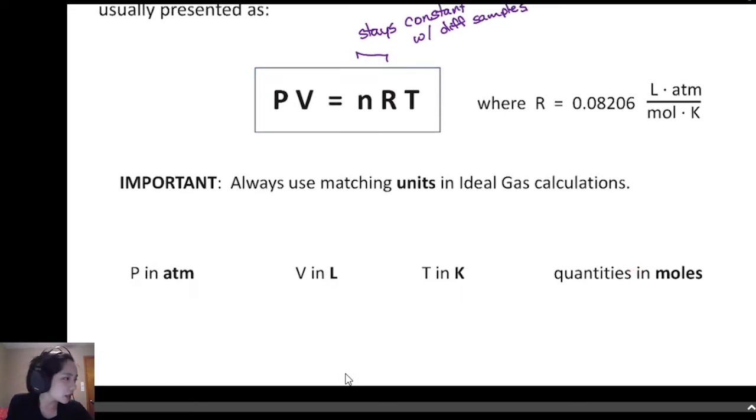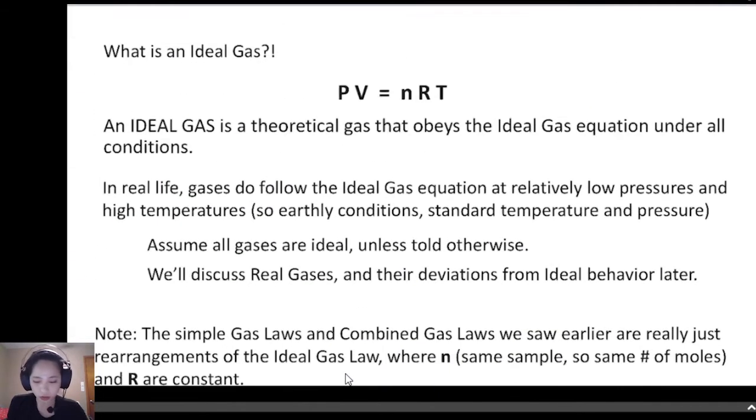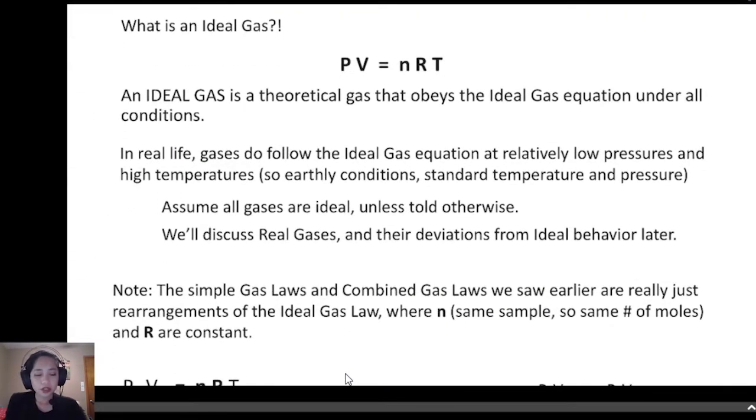I think with this next slide, let's just continue on. So what is the ideal gas law? We're describing a gas sample and saying that it is ideal. An ideal gas is just a theoretical gas that obeys the ideal gas equation under all conditions.